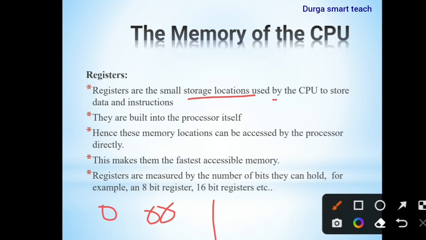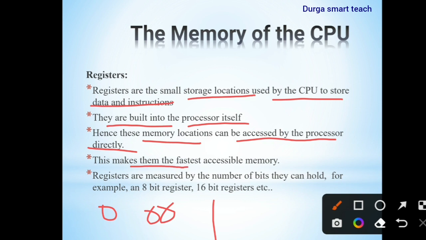It is used by the CPU to store data and instructions. Registers are always built into the processor, so these memory locations can be accessed by the processor directly. This makes them the fastest accessible memory.